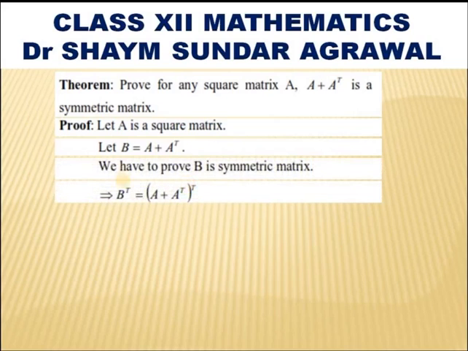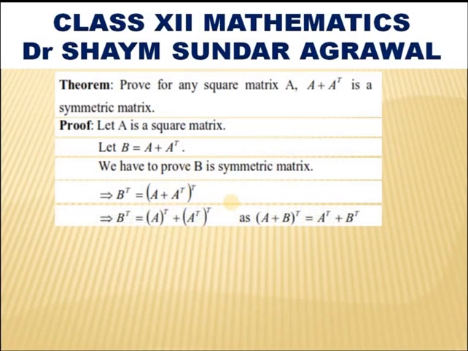So, B transpose is (A plus A transpose) whole transpose, and (A plus B) whole transpose is equal to A transpose plus B transpose.